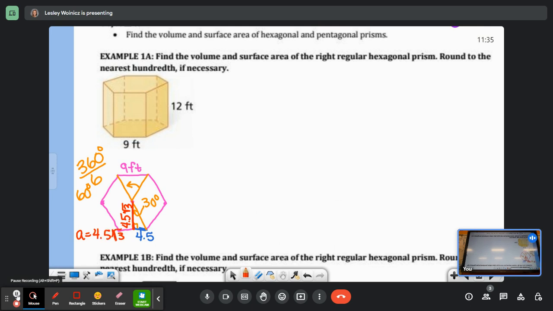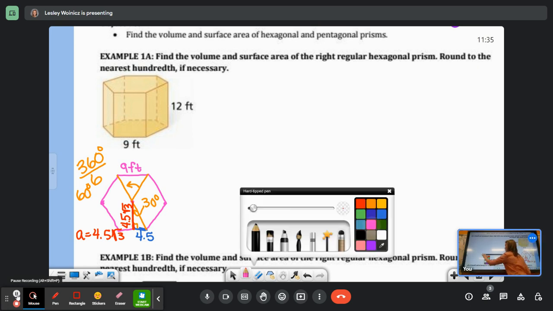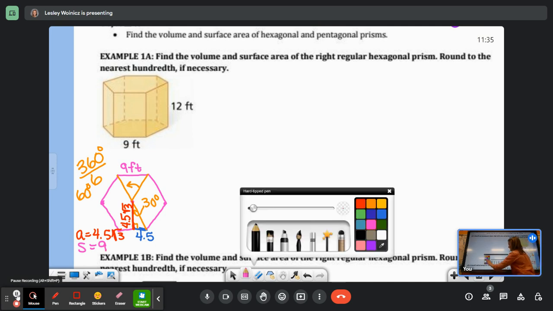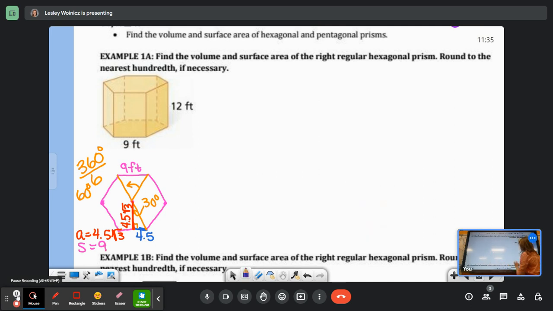My side length is 9 feet. And how many sides do I have? 1, 2, 3, 4, 5, 6, because it's a hexagon. That's all of the information that I need to find my hexagonal base.